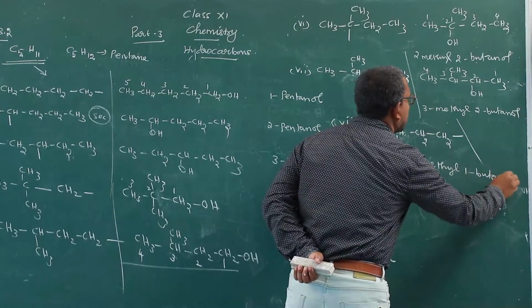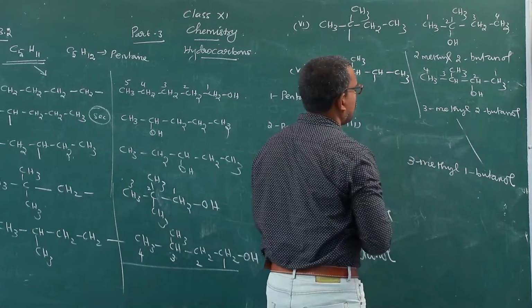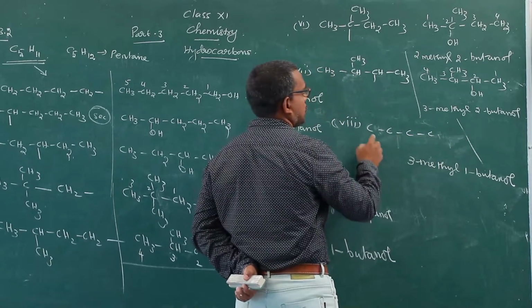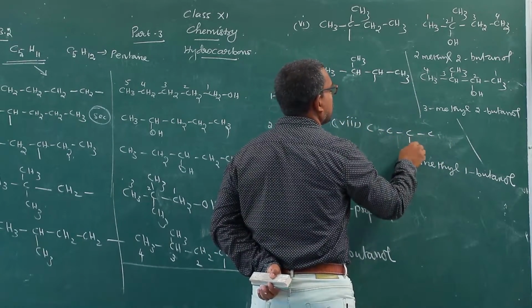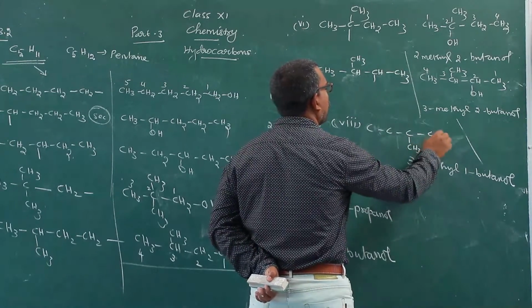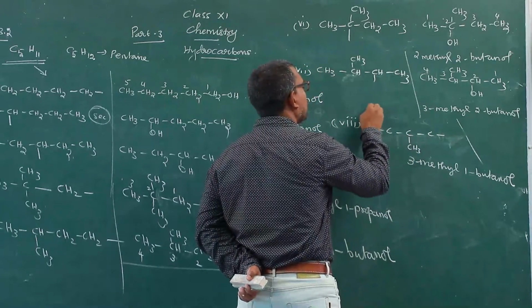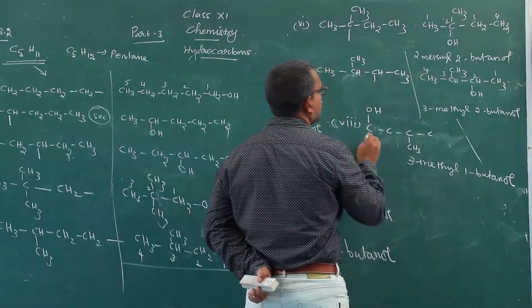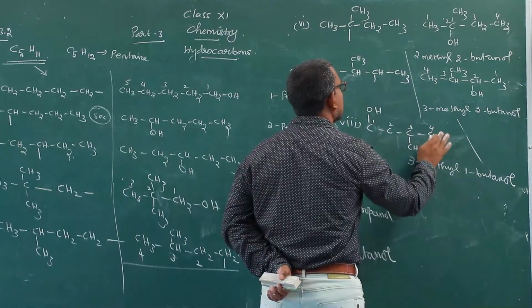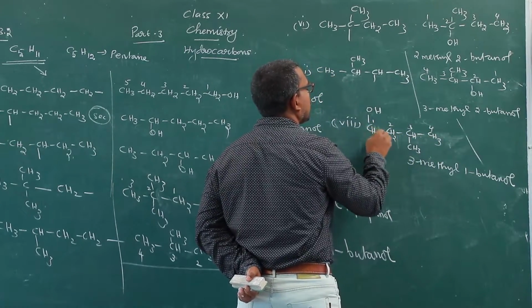This is 3-methyl-1-butanol. The third position has the methyl group, there are totally 4 carbon atoms, and here we substitute the OH group at carbon 1.